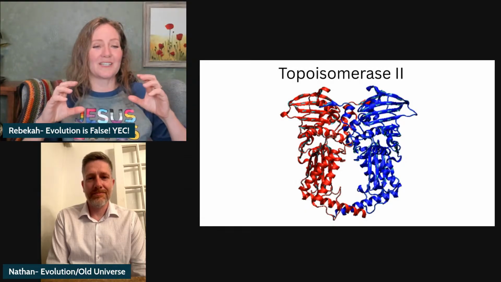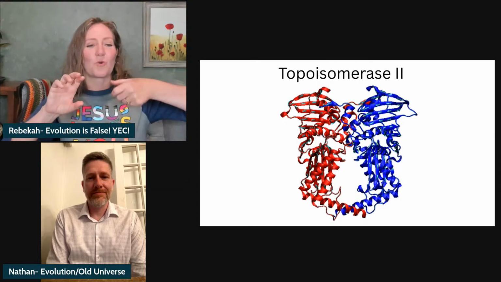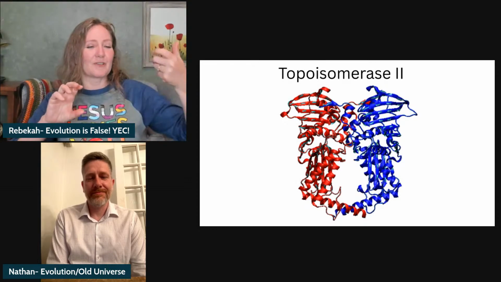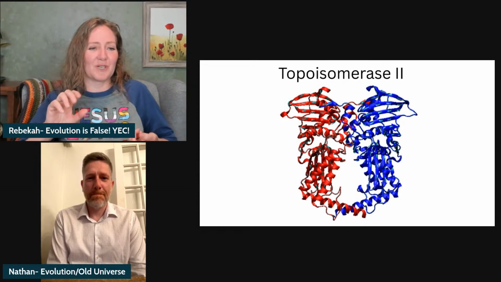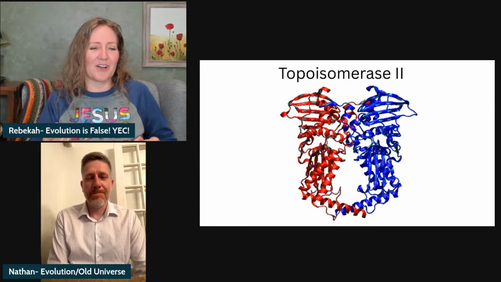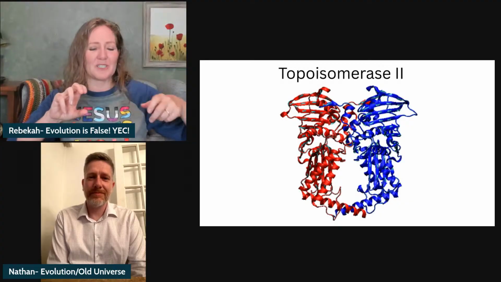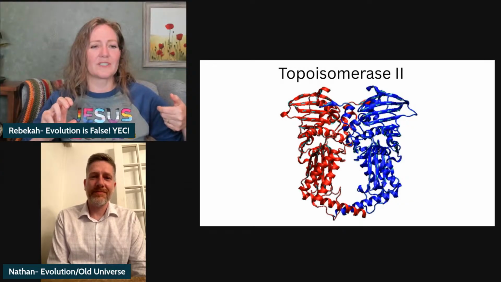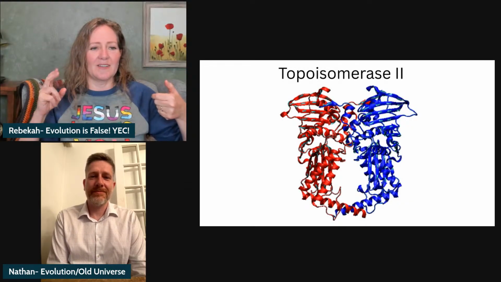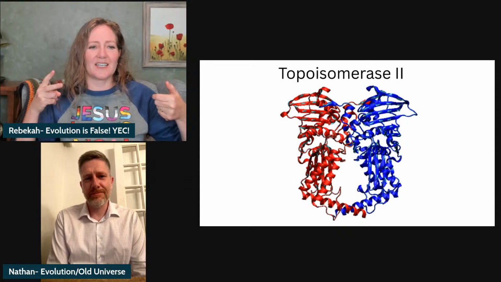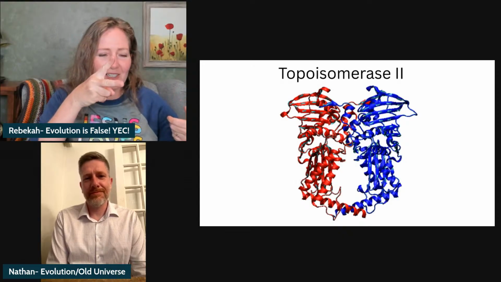Now, when that happens, the DNA gets twisted up as if you're twisting your garden hose. It'll get twisted up after you use it for a while. Well, the same thing happens with DNA. It gets coiled up, and what topoisomerase does is it comes in like a little scissors.